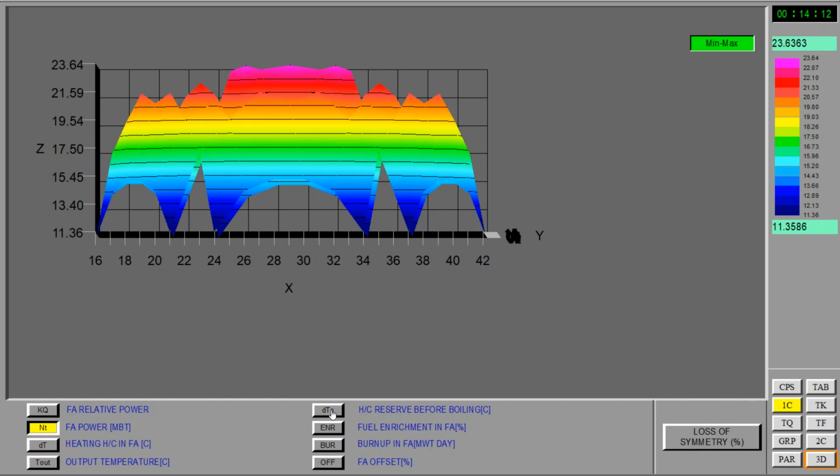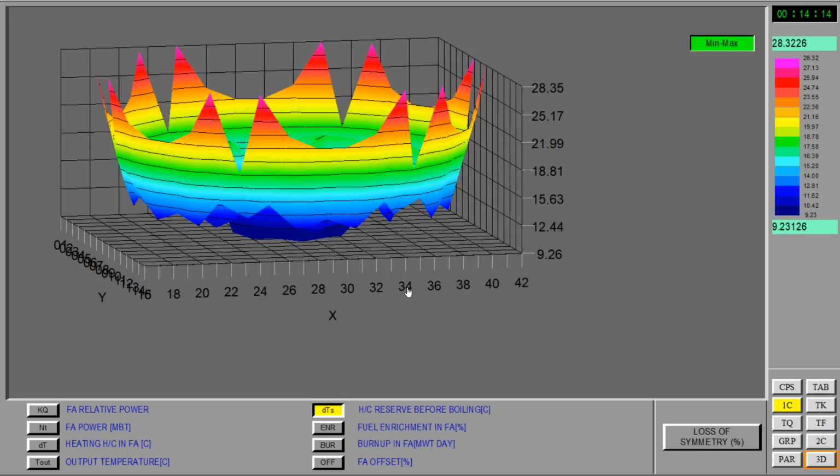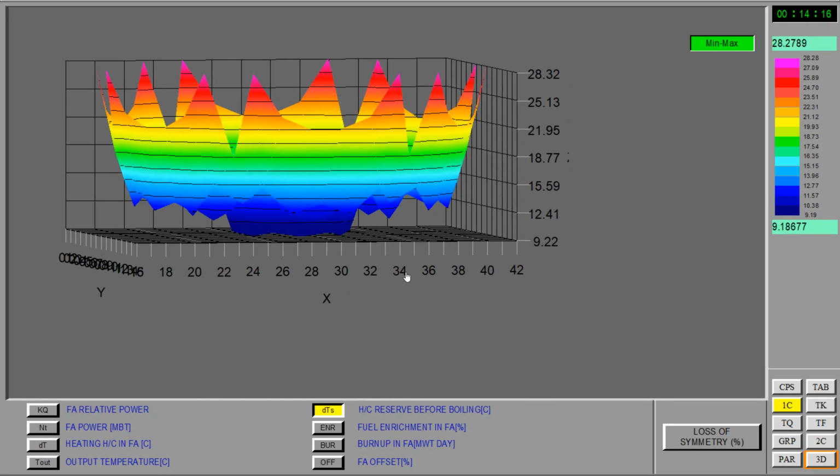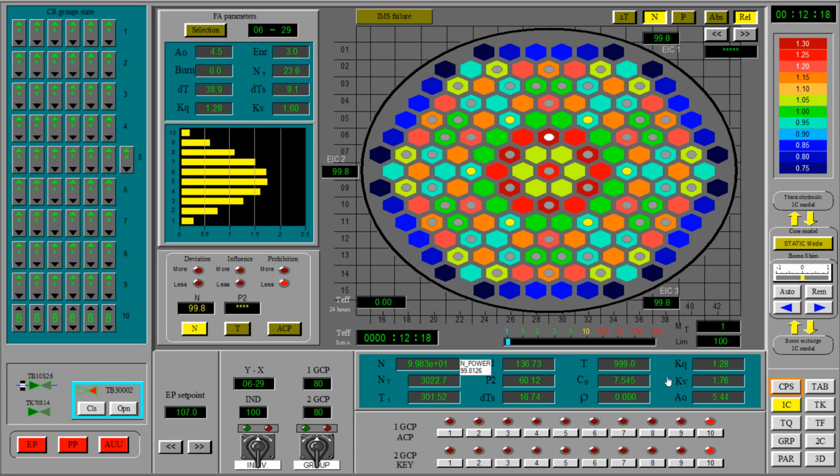Let's go back into the reserve before boiling, and we're at 9 degrees now. I will just withdraw the rods a tiny bit to keep power at 100% because it went down by 0.1%.